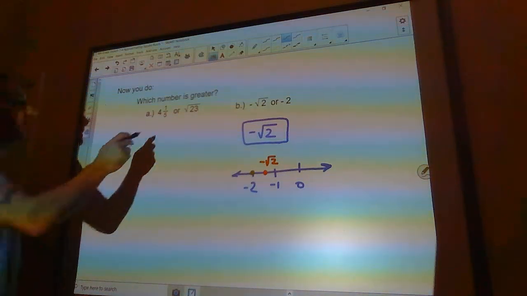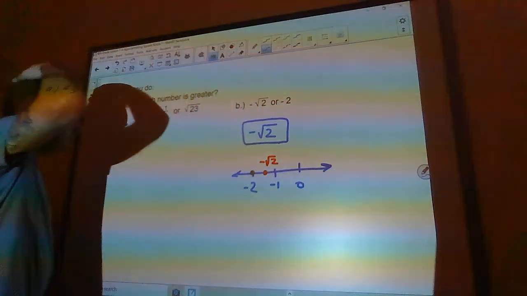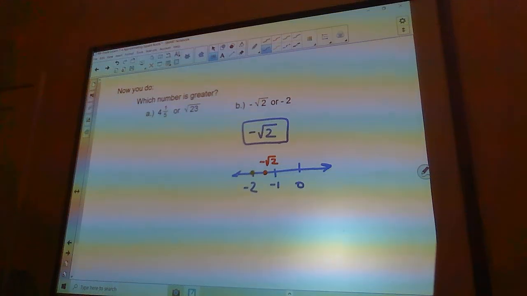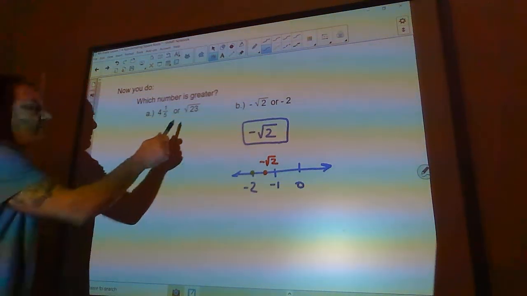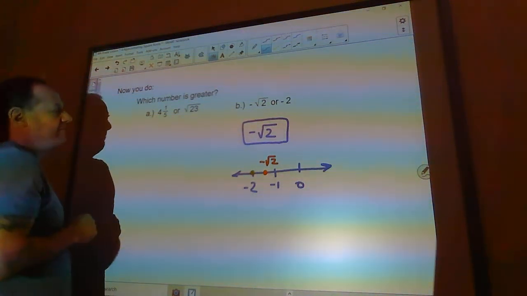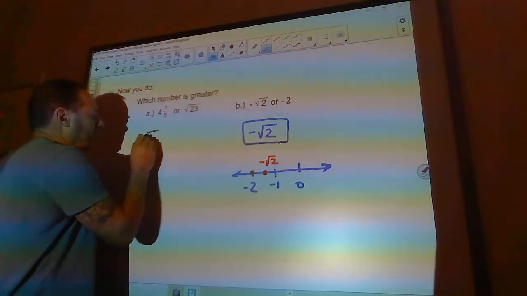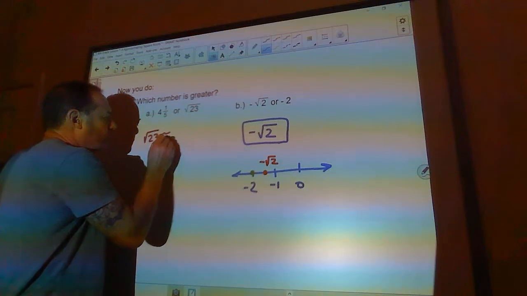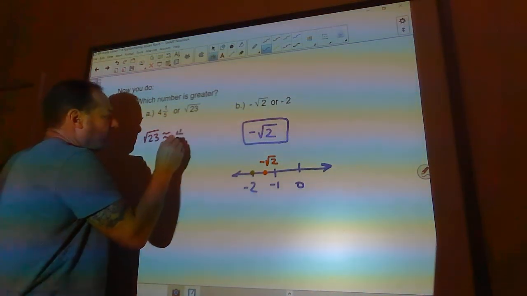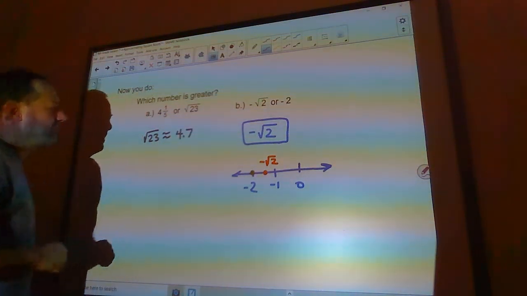Okay, now let's look at this one over here. So the square root of 23, we can approximate that. Let's see, square root of 25 is 5. This is almost 5, but not quite. I would say this is approximately 4.7. That's what I'm going to guess.